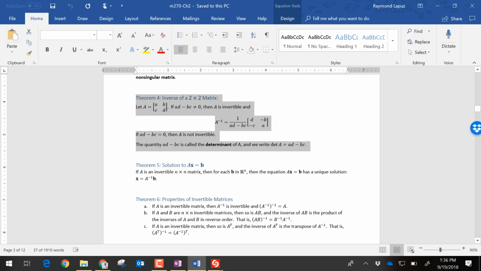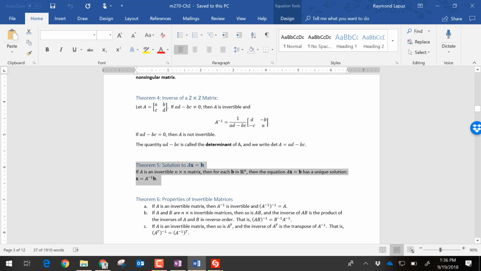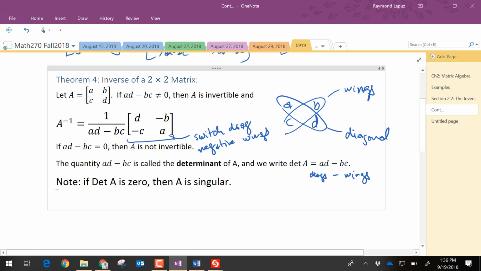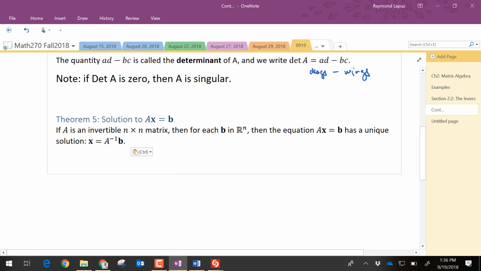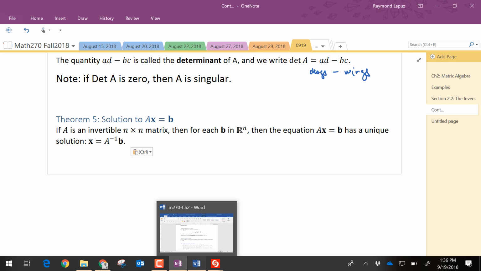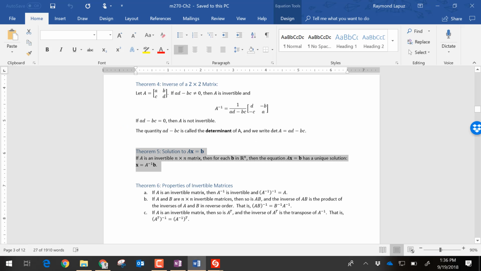So I mentioned this earlier. Why would finding the inverse be important? So it just turned out to be one of the theorems that you have in the book. I don't know if we need to say anything more. But the properties of inverses are interesting.